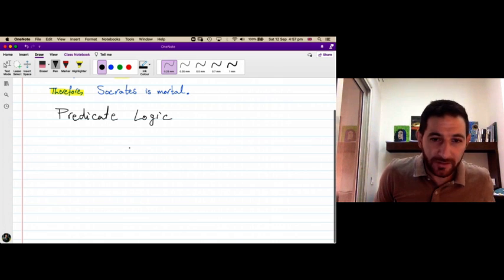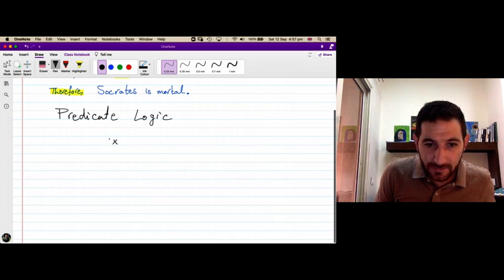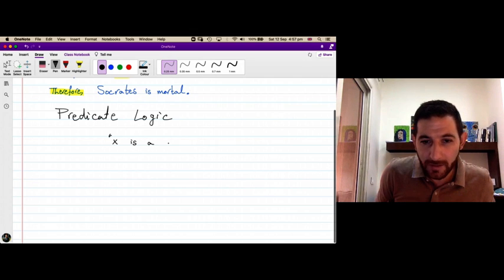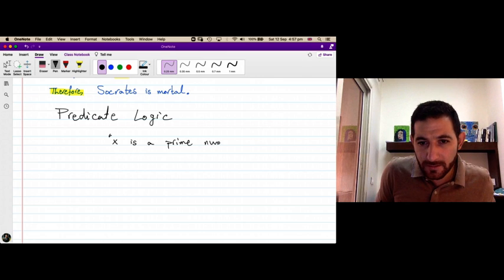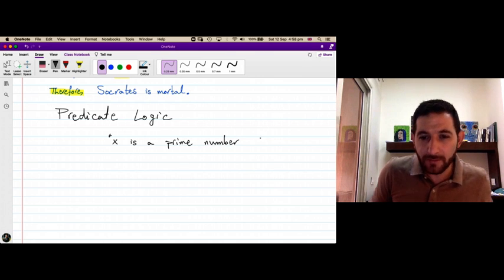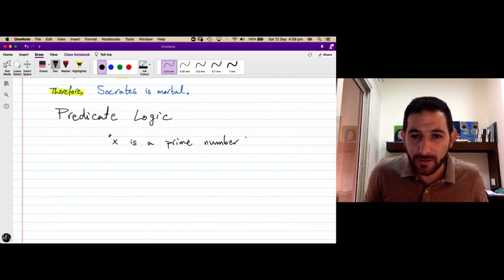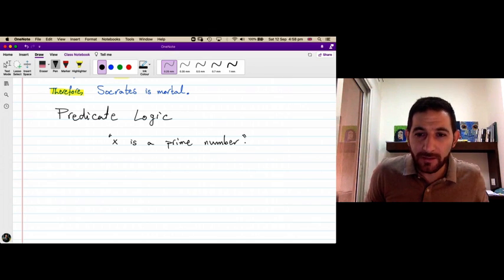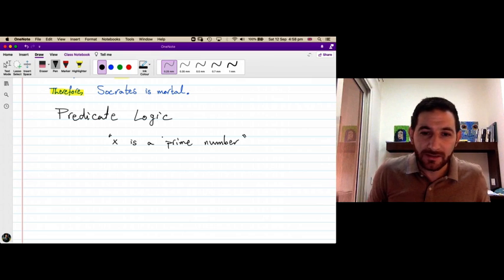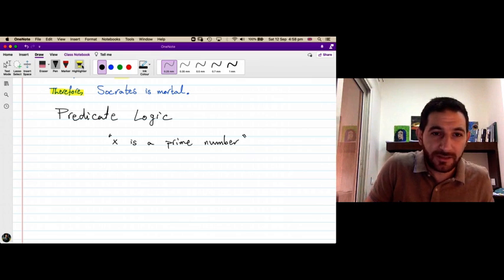Look at the statement "x is a prime number." Remember, prime numbers are those integers whose positive divisors are only 1 and themselves. This statement has two parts.